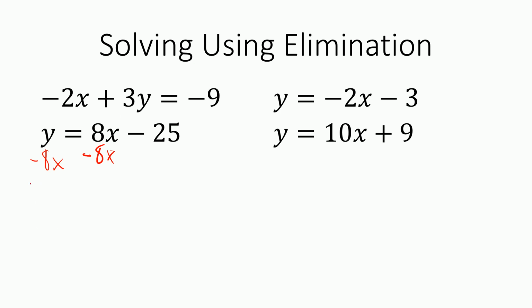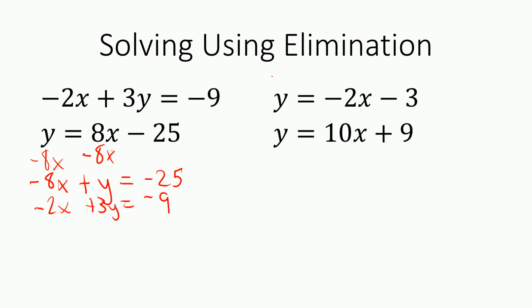And if I wrote this in the same form, negative 8x plus y equals negative 25. Now I have an equation that is in standard form. I have the other equation also in standard form. Then I could do my regular elimination process. Do any multiplying if I needed to, and then add to eliminate, and so on.